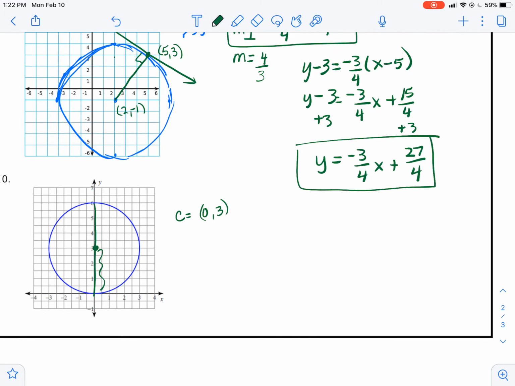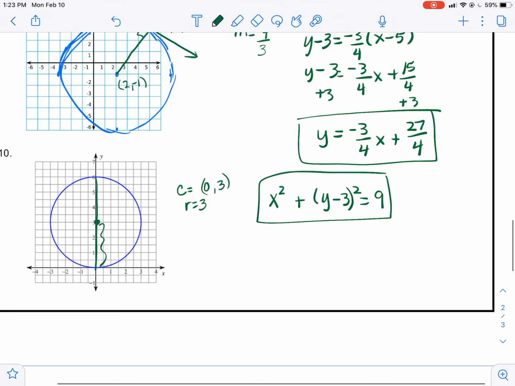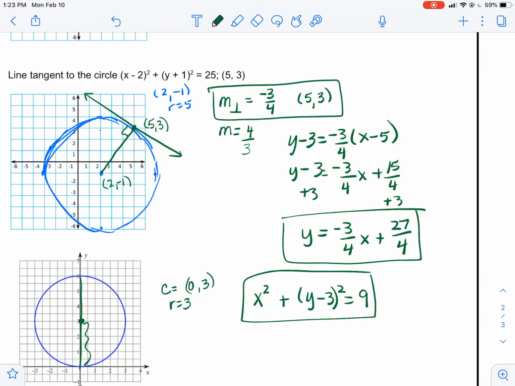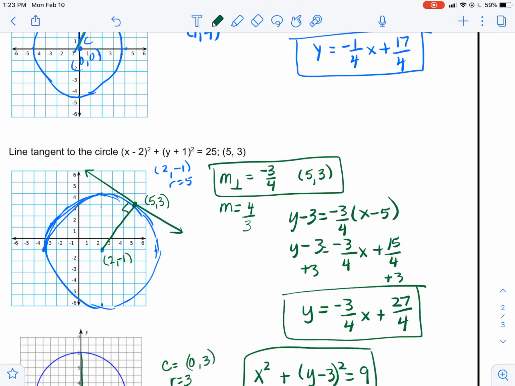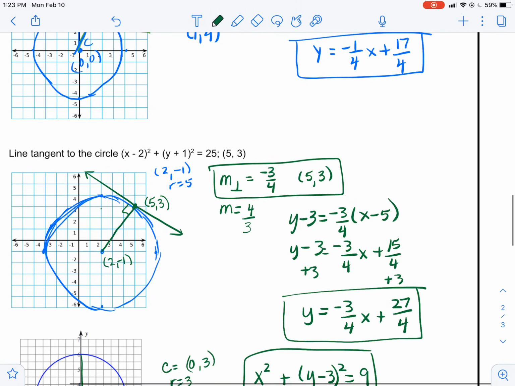And my radius, okay, would be 3. So my answer would be x squared, because it'd be plus 0, y minus 3 squared equals 9. Final answer. Okay? So there's some equations again, finding, especially those dealing with tangent.